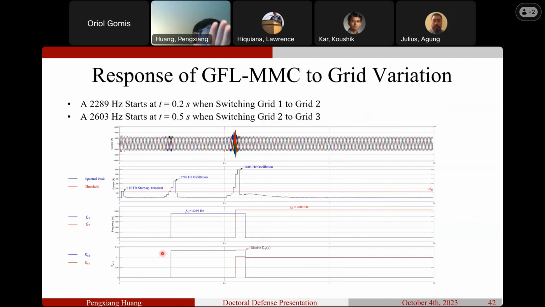And then you disable the early one to see whether the earlier oscillation appears again. No, it doesn't appear anymore. So you just sustain that. You have to update your impedance reshaping to single tune and sustain that impedance reshaping control synthesis at 2603 Hertz.